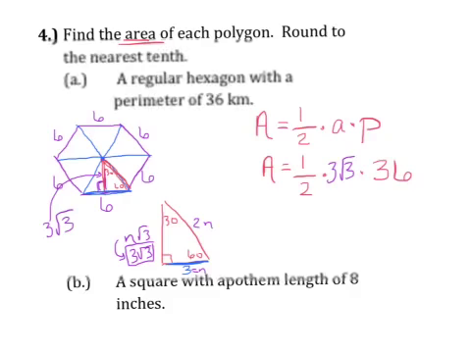Okay, so I'm going to go ahead and cross cancel the 2 and the 36 because I know that half of 36 is 18. So now I just have to multiply 3 times 18, which gives me 54, and I still have my root 3. Okay, so it would be 54 root 3, what are we working with? Kilometers squared.